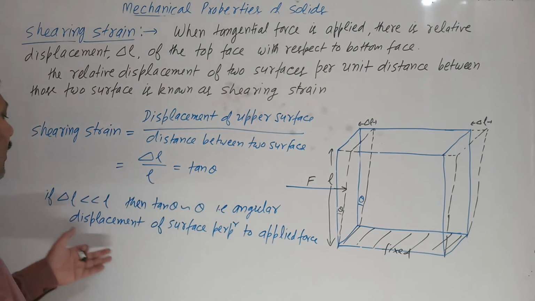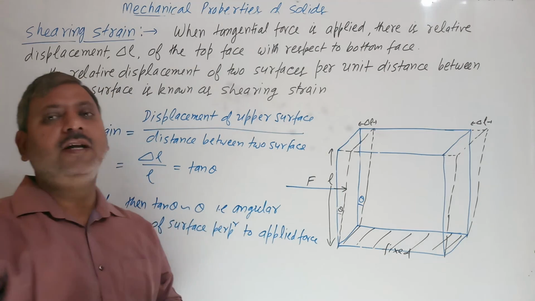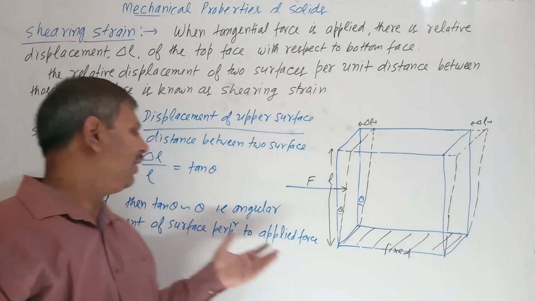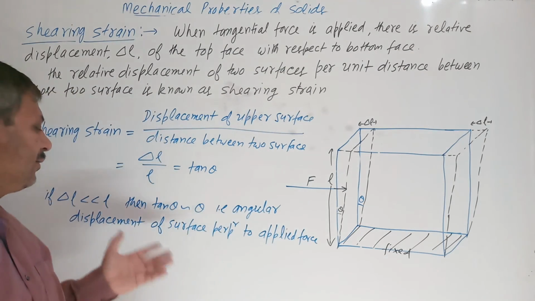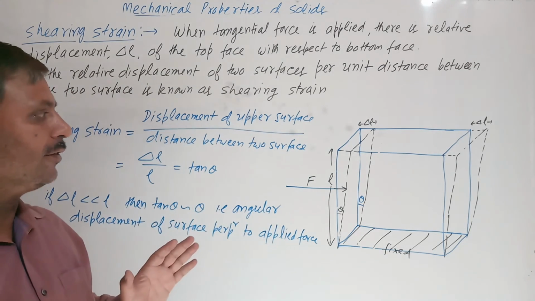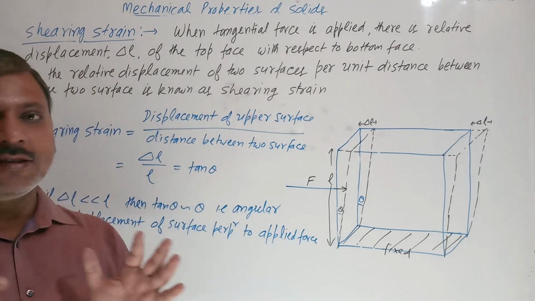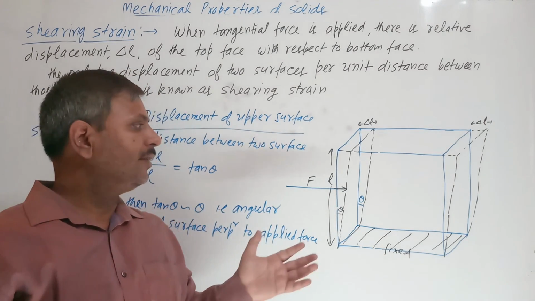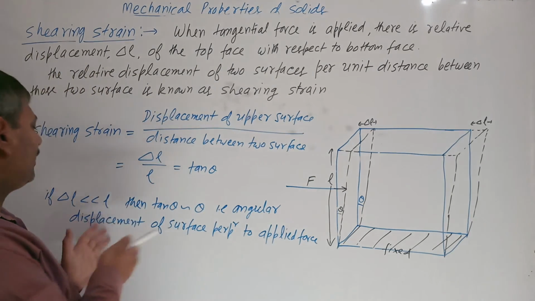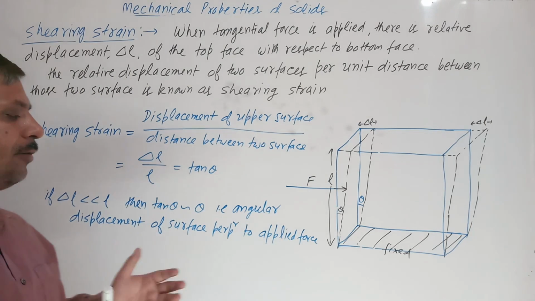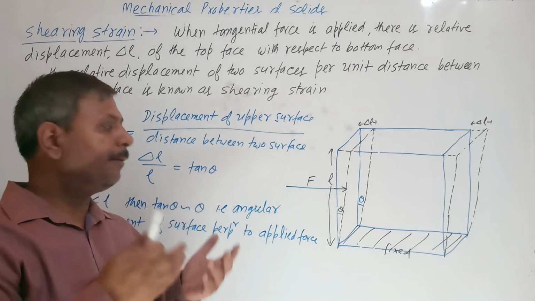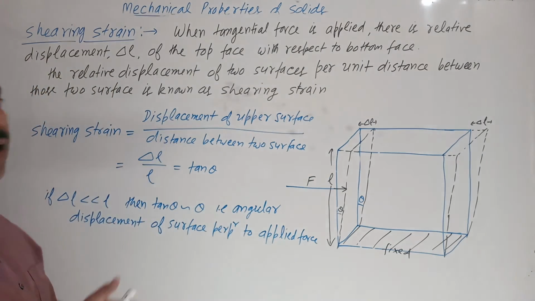That is the angular displacement of the surface perpendicular to the applied force. So shearing strain is also defined as the angular displacement of surfaces perpendicular to the applied force. Shearing strain is related to the change of shape. When the shape changes, the angular displacement of the surface perpendicular to the tangential, or applied, force is called shearing strain.